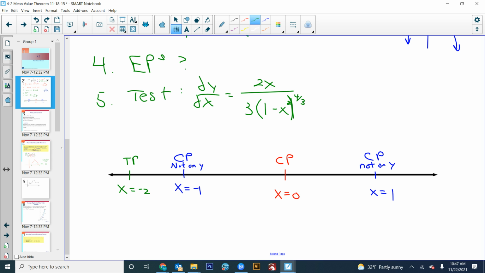-2 is a test point. Let's test between. Something I would caution you guys, a lot of you are not drawing out all the steps, and you might be like, I'm good, I don't need to do that.